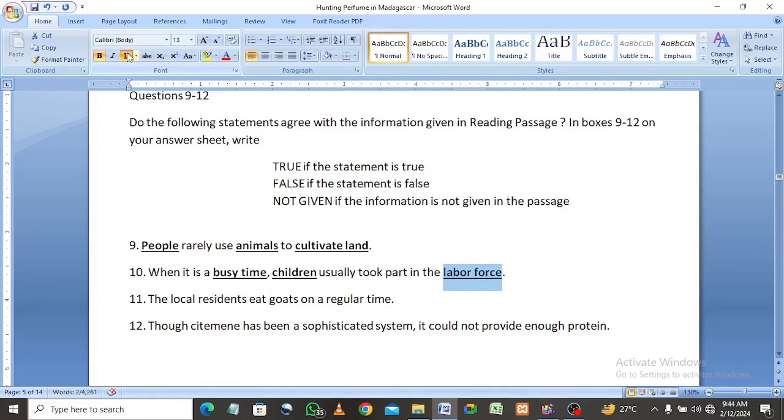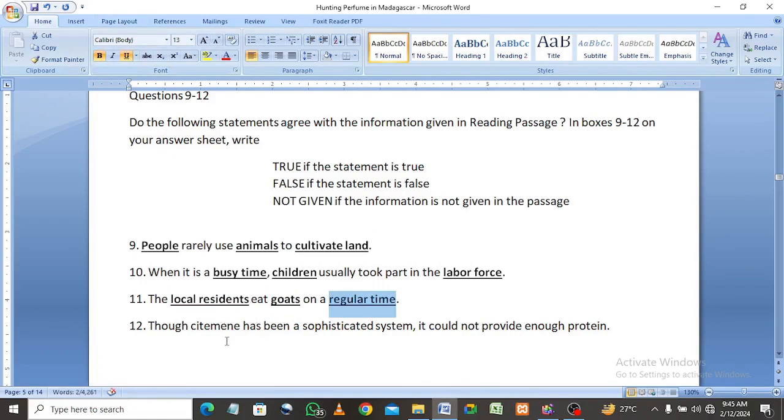So those are the scanning keywords in question 10. Now the scanning keywords in question 11: we have local residents. Make it bold. Then goat. Make it bold. And then regular time. These are the scanning keywords.